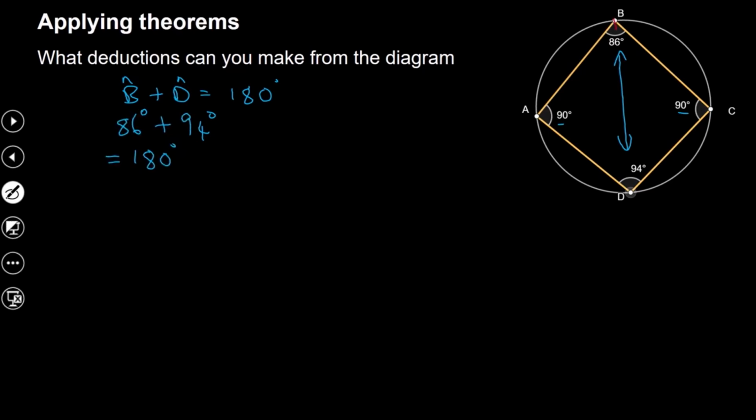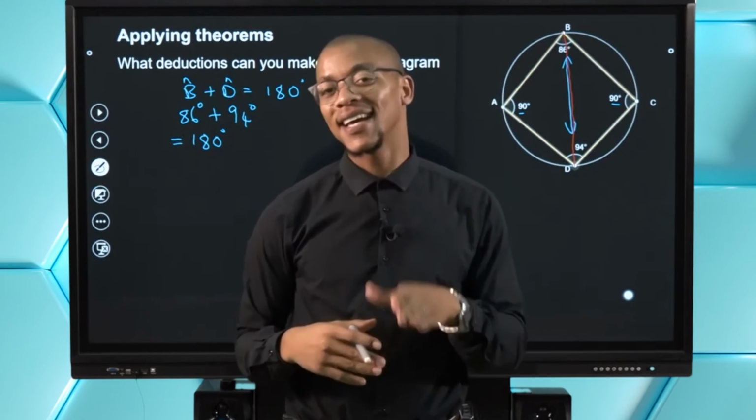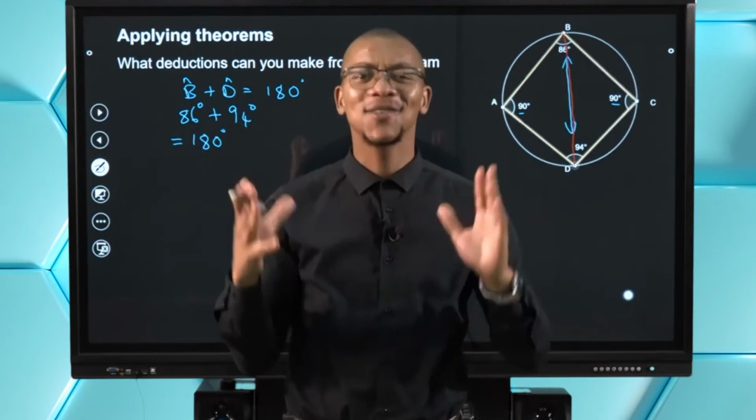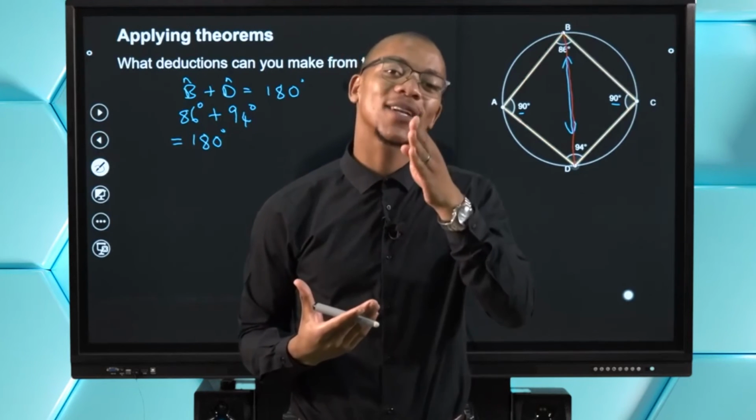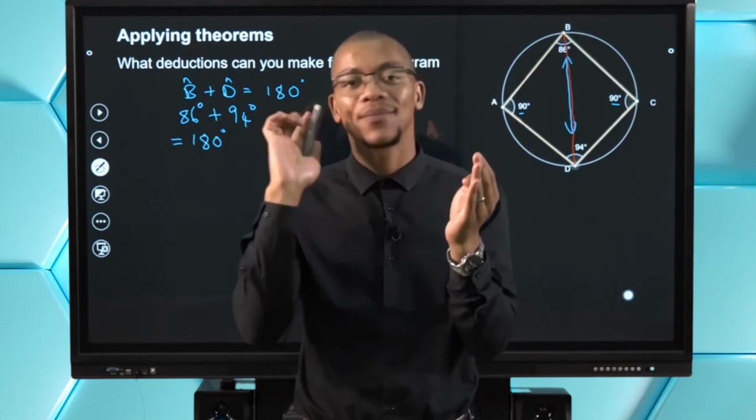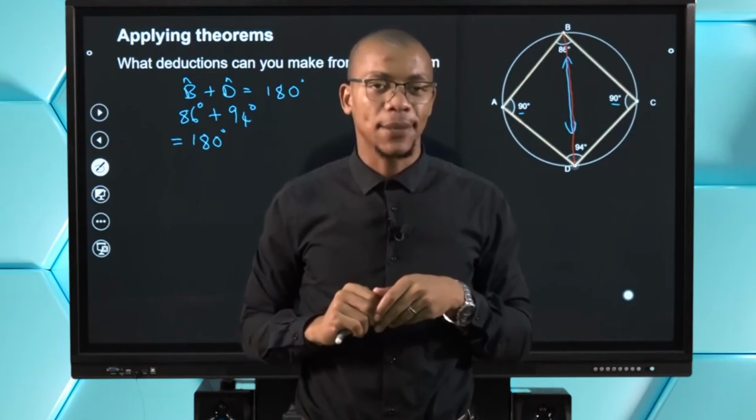If I was to draw a line through here, what deduction can I then say? If we are looking at that red line that I just drew there on the board, you need to think about what I can then say. And I can see you guys know what I'm talking about, right? That line is going to be called the diameter. Why is it a diameter?